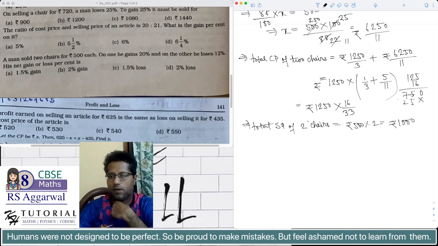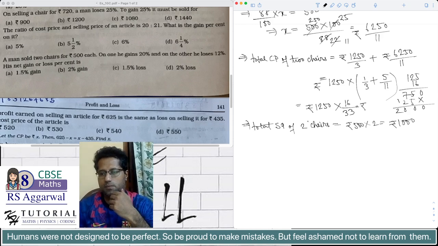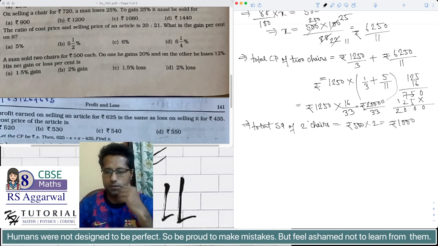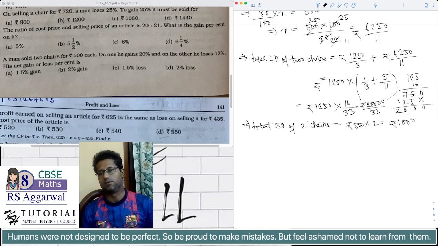This is 2000. So this is equal to rupees 20,000 by 33.